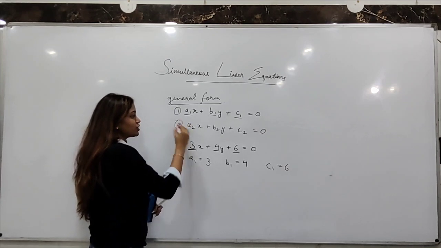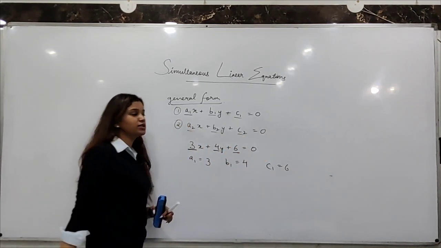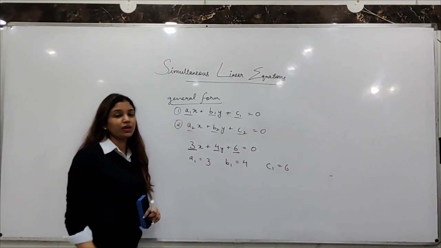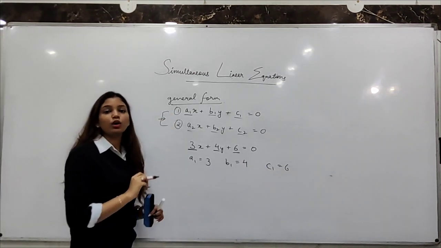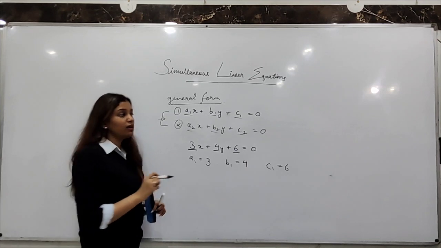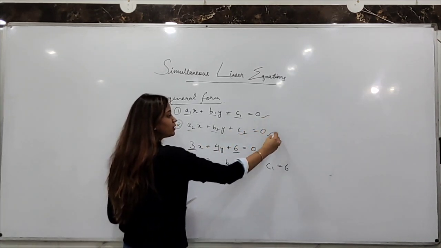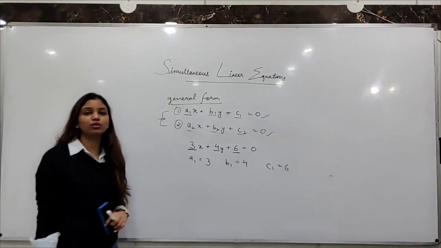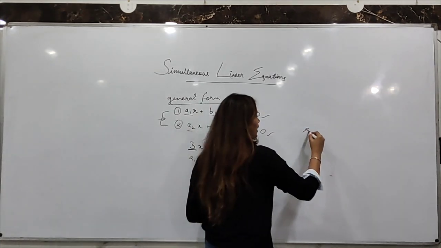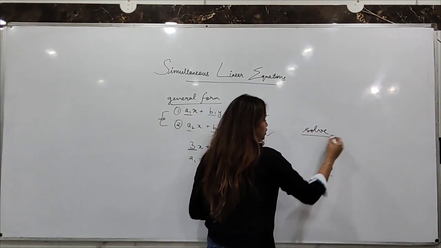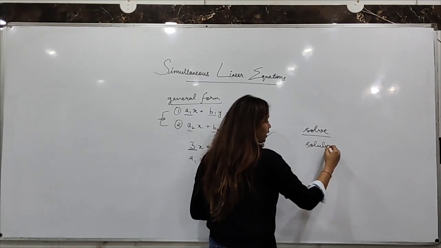This is for one equation. For the second equation, I have just changed the coefficients a2, b2 and c2. अब हमें दो ही इक्वेशंस इसलिए पढ़ाई जा रही है because in this chapter we will see if we are given two linear equations, two different linear equations, how do we solve them? And solve मतलब आपको solution निकालना है.